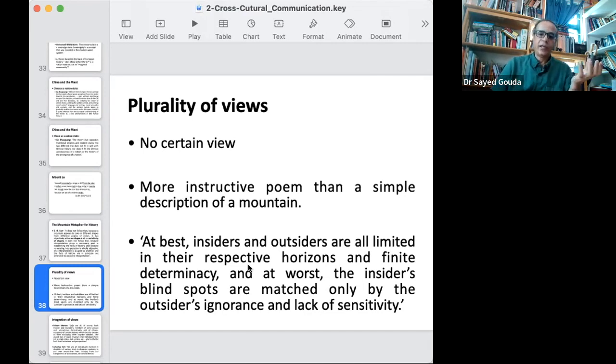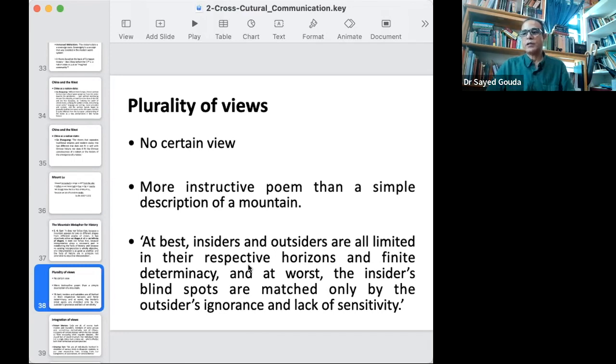We don't claim that one of them is better than the other. No one can claim that, but we need both in order to have a better understanding of any historical phenomenon we study.